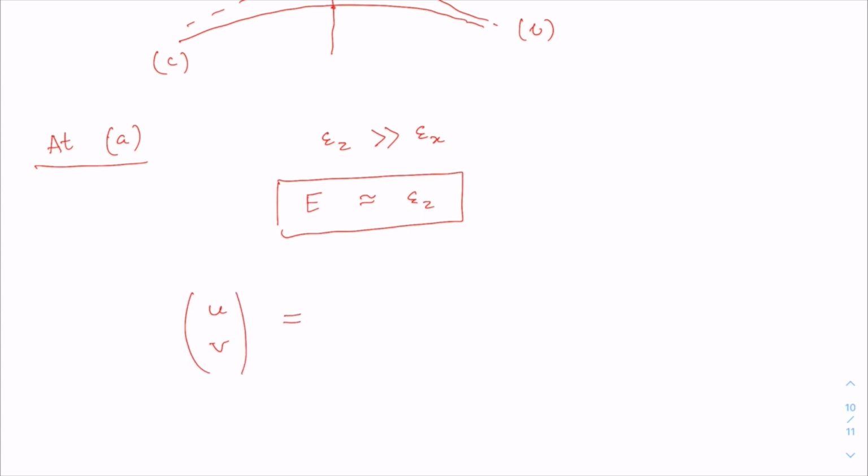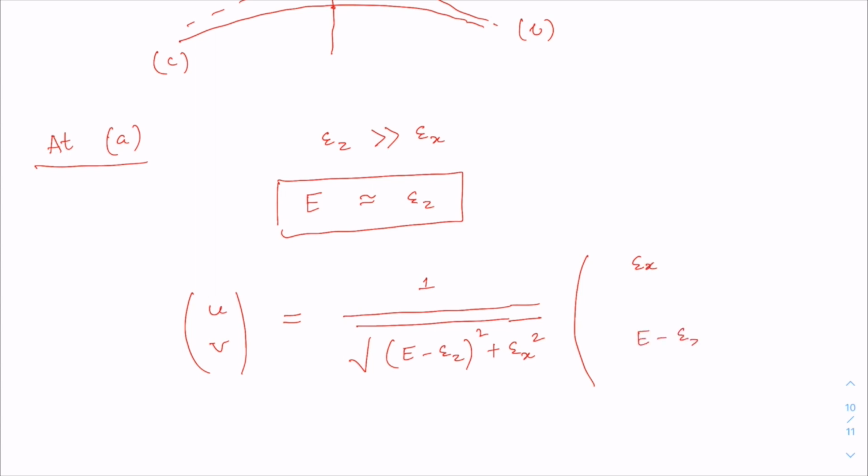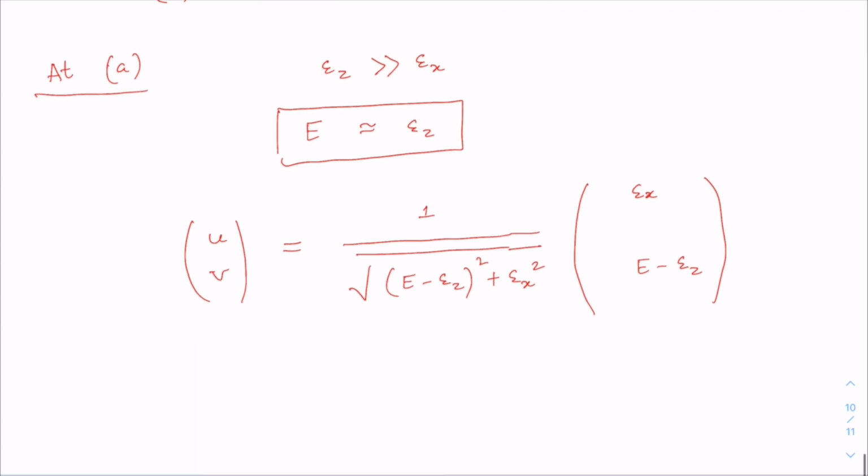From the eigenvector equation we have (u, v) equal to 1 by the square root of, let me first write the normalization parameter here, (E − ε_z)² + ε_x², times (ε_x, E − ε_z).